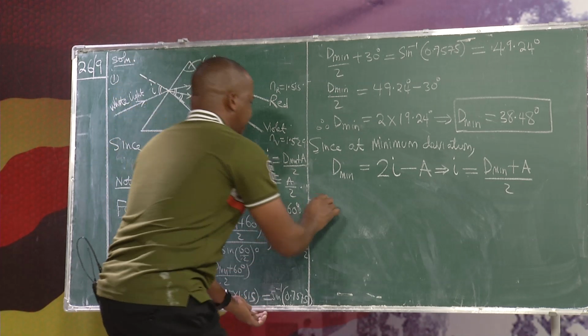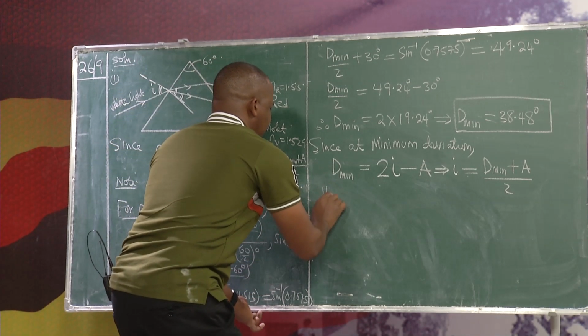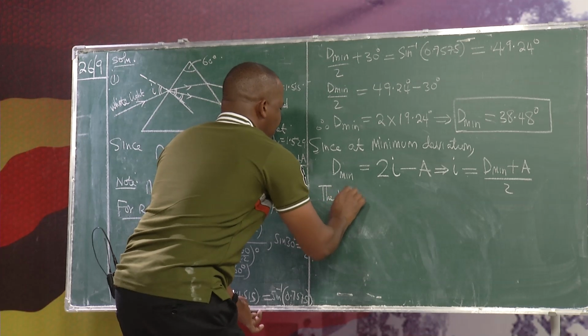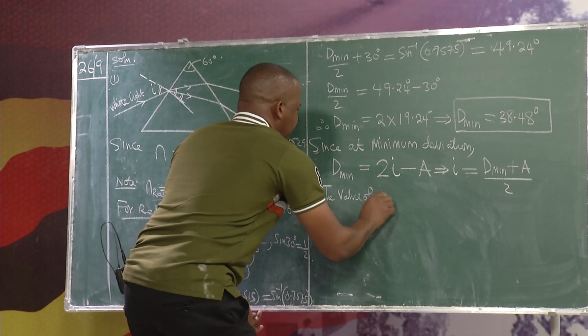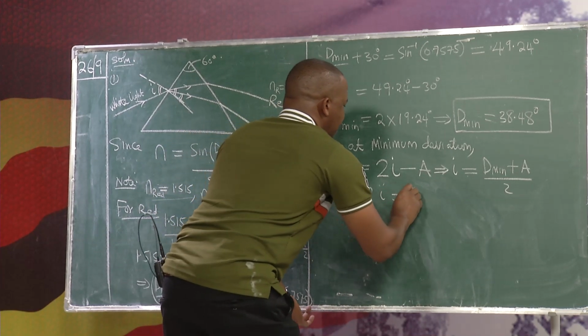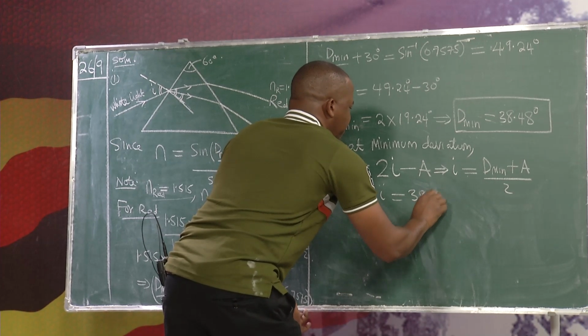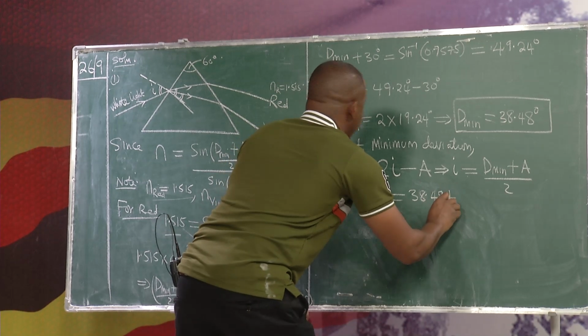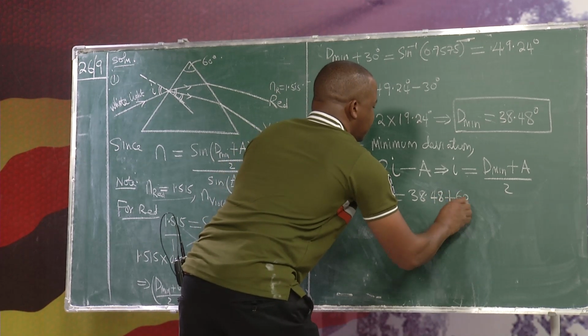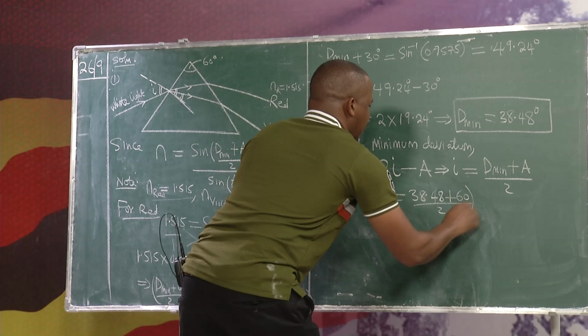So the value of I therefore will be equal to 38.48 plus our A, which is 60, everything divided by 2.